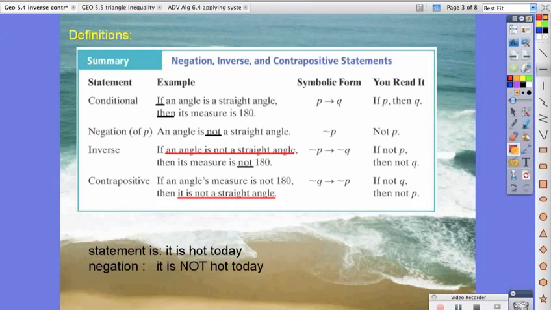Then for the second portion of the inverse, its measure is not 180, the contrapositive starts with an angle's measure is not 180. Again, I know this might seem weird, but we will do a couple more examples.